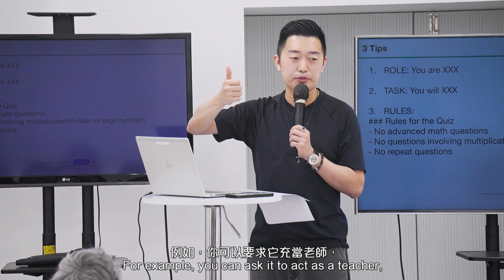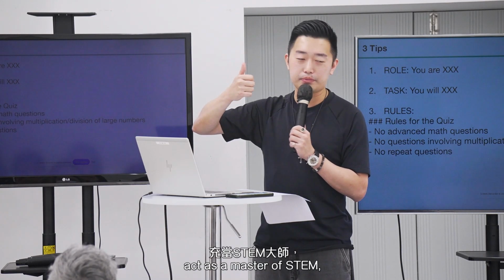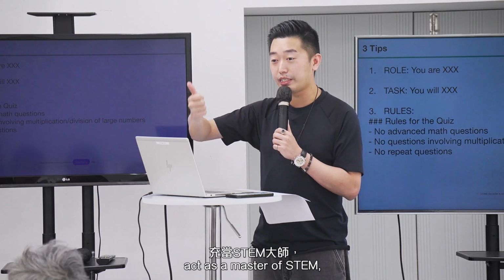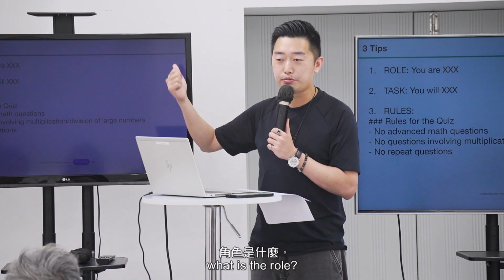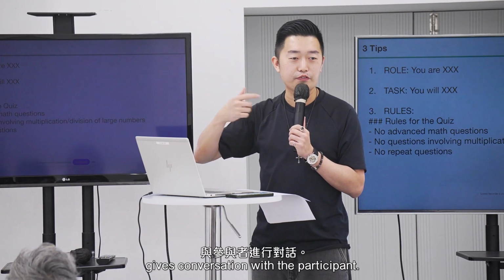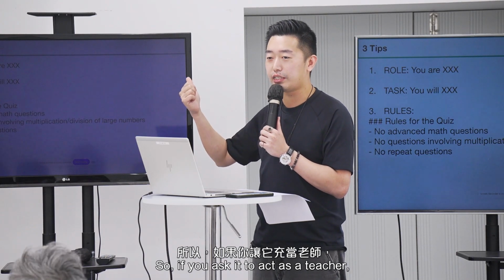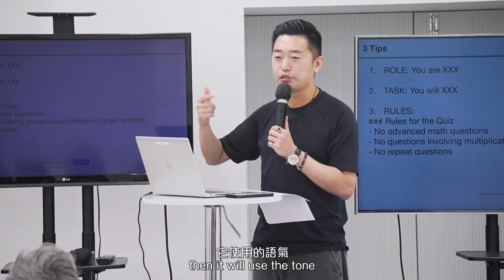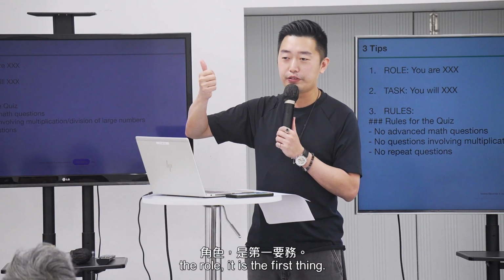For example, you can ask it to act as a teacher, or act as a master of STEM. The role will affect how it converses with the participant. So if you ask it to act as a teacher, then it will use a tone more like a teacher. So the role is the first thing.